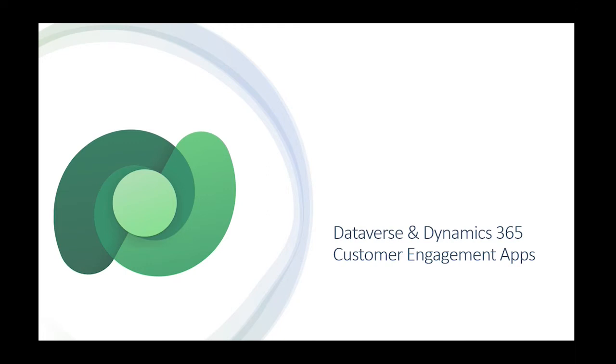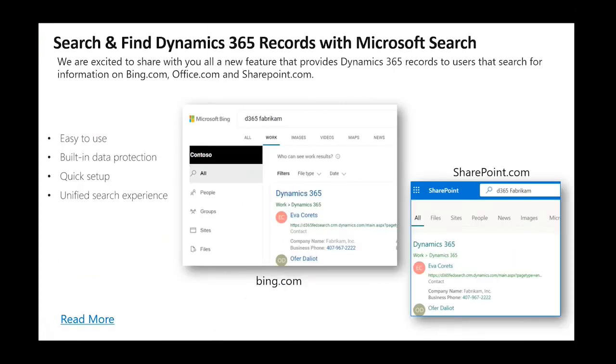All right, and I think we have maybe one item on Dataverse and Dynamics in this section, and that is searching and finding Dynamics 365 records within Microsoft Search. This search will include Dynamics 365 records when you search for information such as on Bing.com or Office.com and SharePoint.